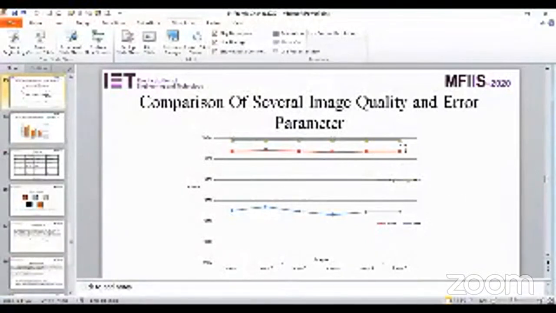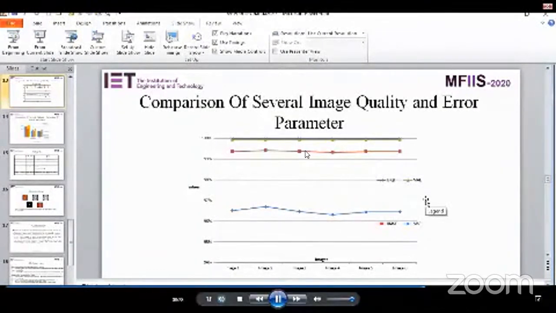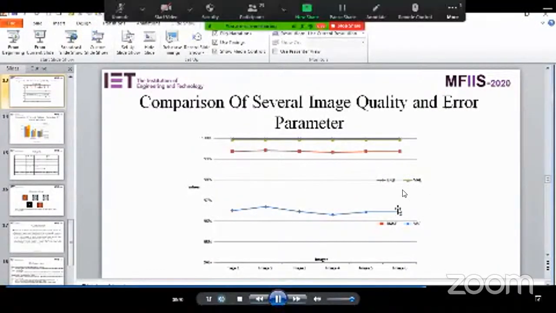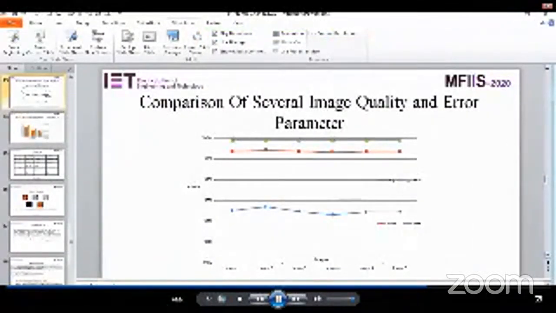And other parameters like image quality, MAE, MSE are quite lower for this particular method. For image 1 and image 6 they are quite lower than the others, and UIQI as usual is quite higher.